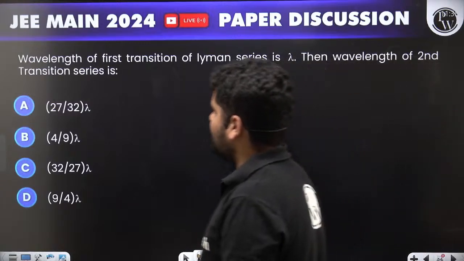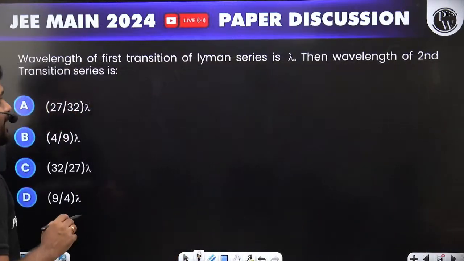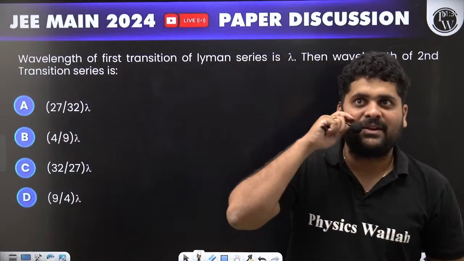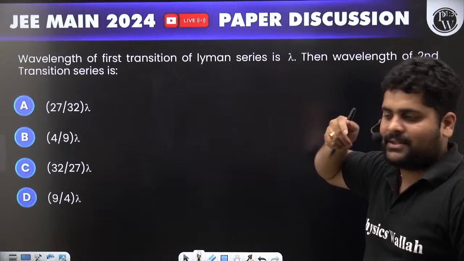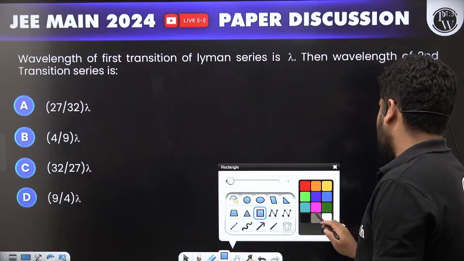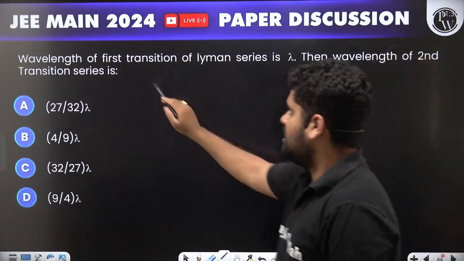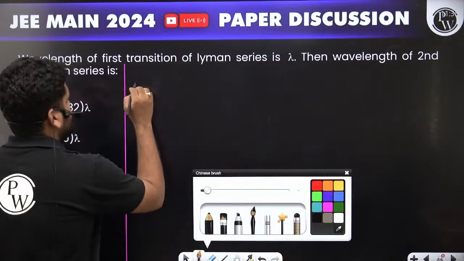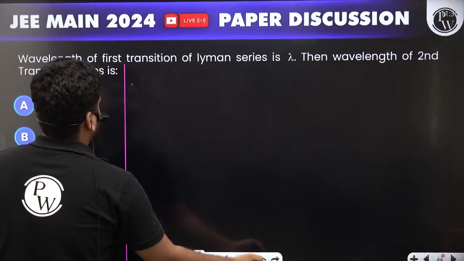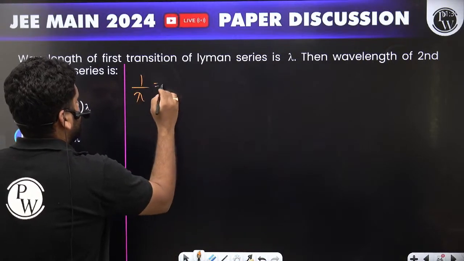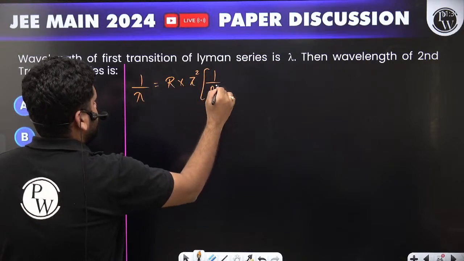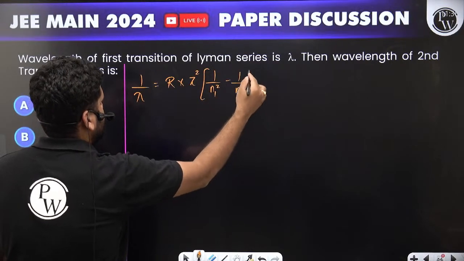Wavelength of first transition of Lyman series is lambda. Then the wavelength of second transition of the series is? Somebody was asking the solution to this question. See, very easy question. I'll write nu bar is equal to 1 by lambda, which is equal to R into Z squared into 1 by n1 squared minus 1 by n2 squared.